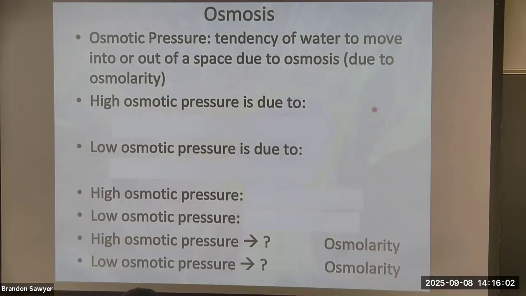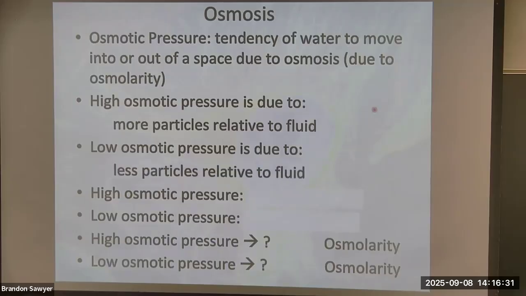We typically think of pressure as something that pushes away from itself, like blood pressure pushing out on the blood vessels. Osmotic pressure is the opposite. The higher the osmotic pressure, the more it pulls water towards it. High osmotic pressure is due to more particles or more solute relative to the amount of fluid that's there, and low osmotic pressure is due to fewer particles relative to the amount of fluid.